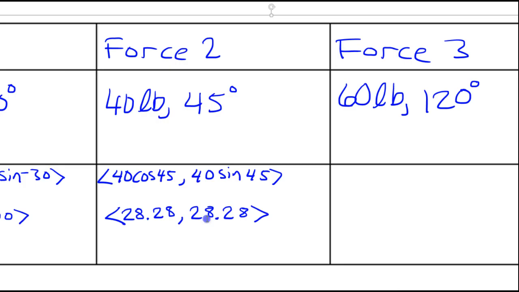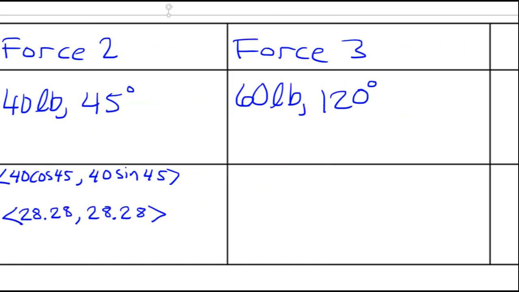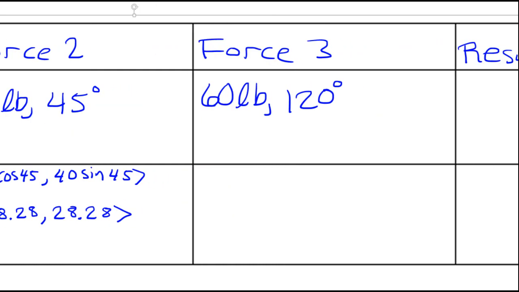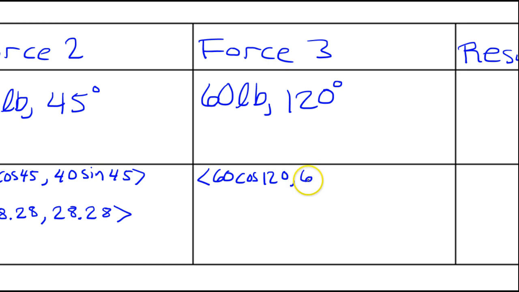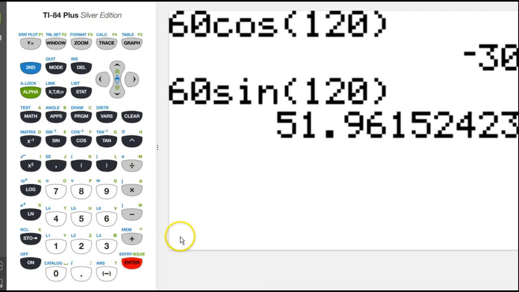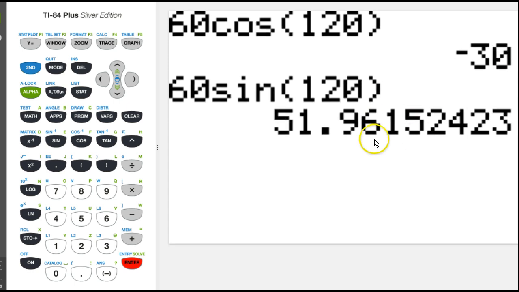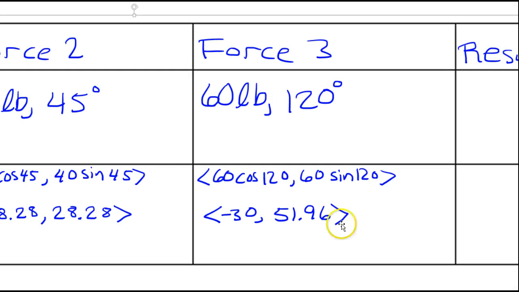Again, just record that on the chart, and then move on to force number 3. You can find the horizontal component by doing 60 cosine 120, and you can find the vertical component by doing 60 sine 120. Calculator. We get a horizontal component of negative 30 and a vertical component of 51.96. And we record that on the chart right here.